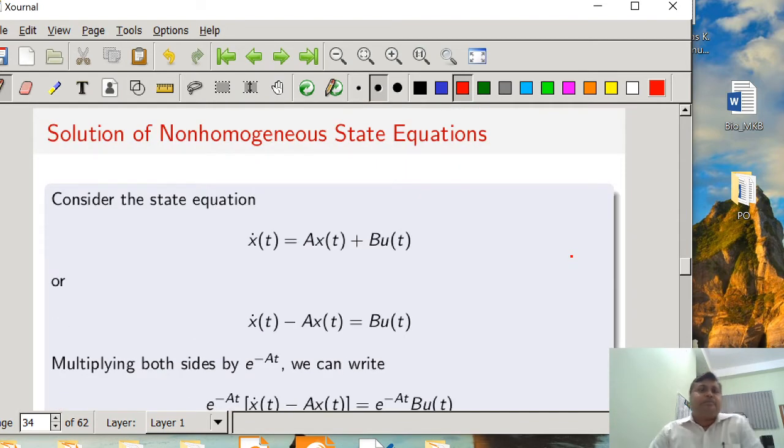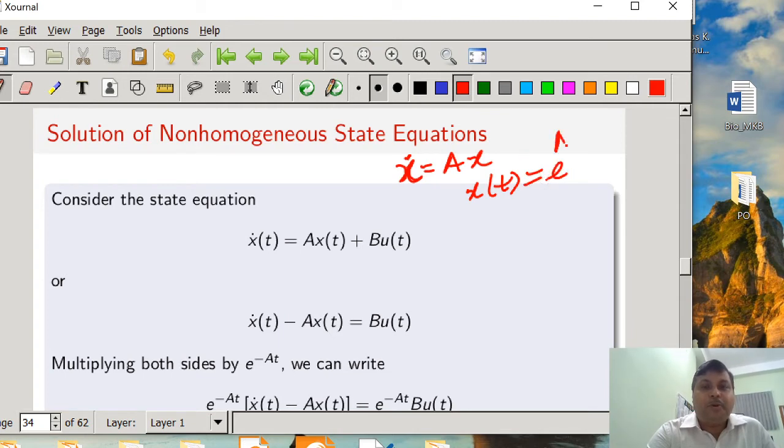So now, after discussing the properties, we are interested in how we can find the solution of the non-homogeneous state equation. Previously we found the solution of x dot equal to ax, and we have seen that the solution is xt equal to e to the power at x of 0.